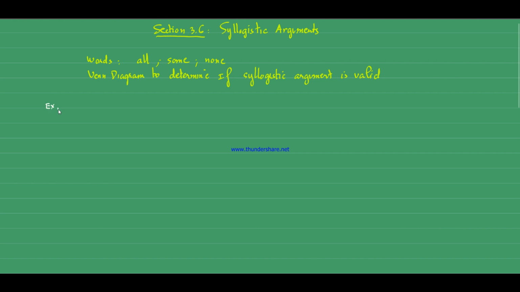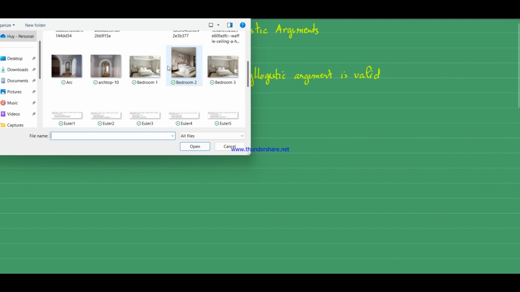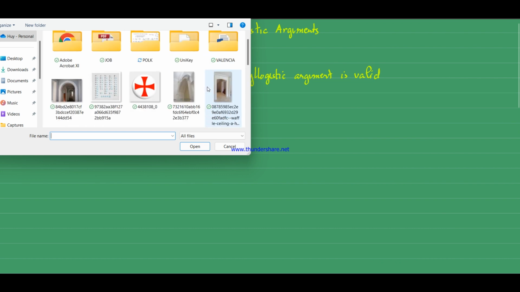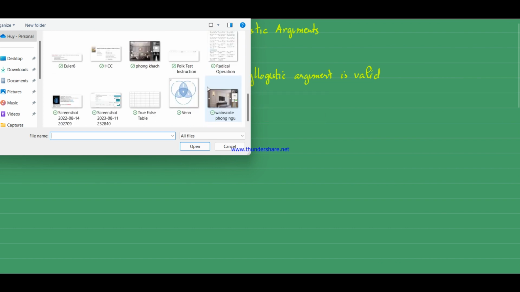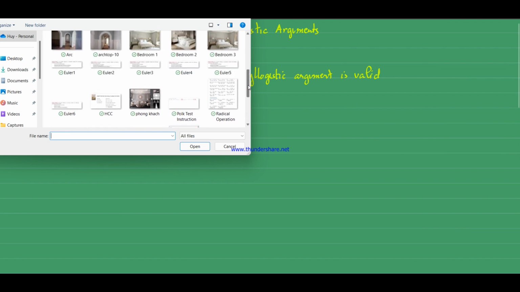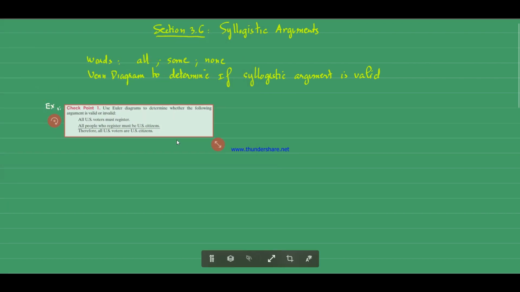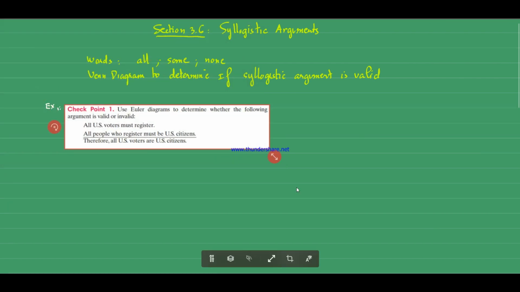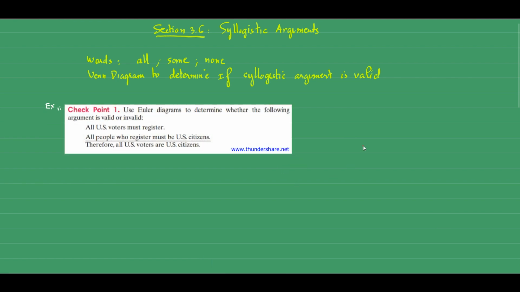You will see example number 1. Okay, so I have the problem like this, and they ask us to use the Euler diagram, which is the Venn diagram.